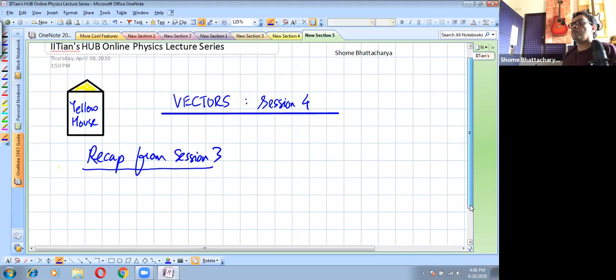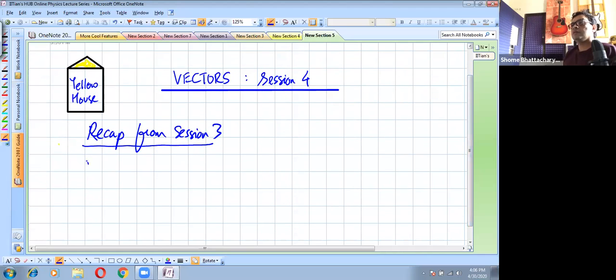So first we saw the component representation of a vector. That was the first thing we saw.